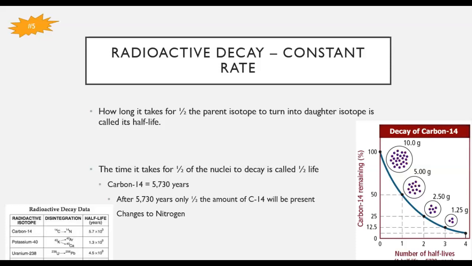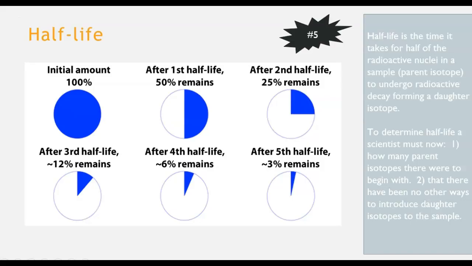So what they're doing with the half-life is they're measuring a sample and then going through and determining how much carbon-14 is still present, how much nitrogen is there. So as one breaks down towards the other, they're comparing the ratios of what is present. Here's another example of that.